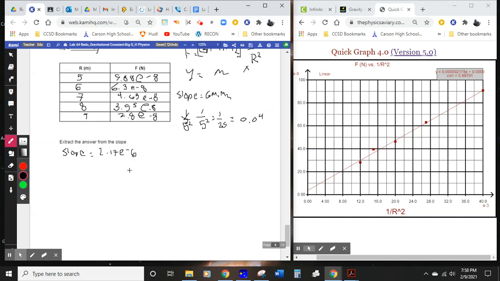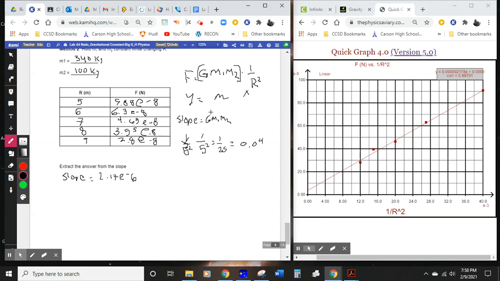Now we said the slope has to equal this right here, has to equal big G. Here is M1, and here is M2. Plugging in these values for M1 and M2, you go ahead and calculate big G. What I got for big G is a value of 6.38 e to the minus 11.